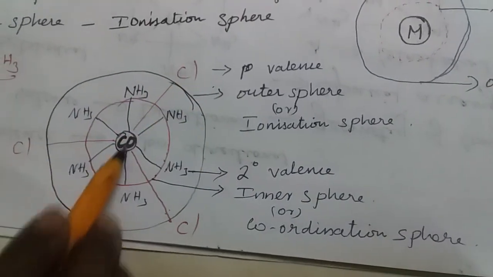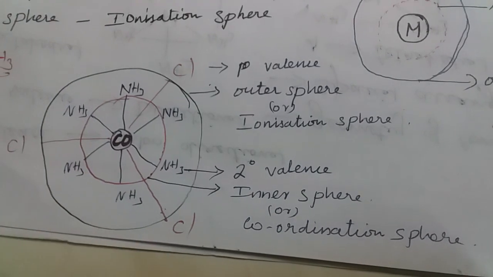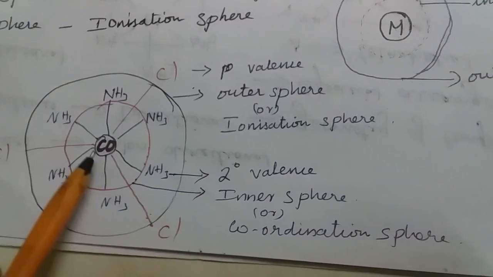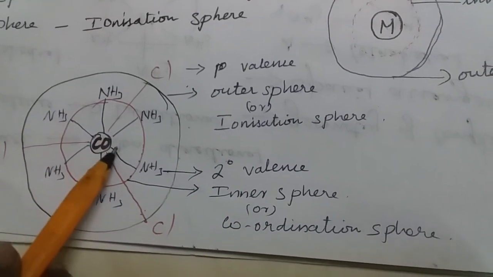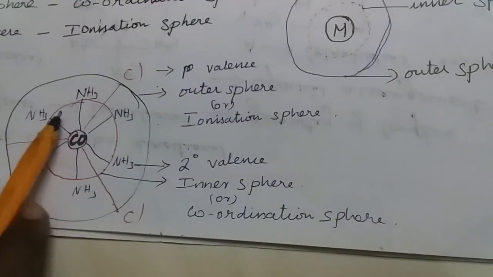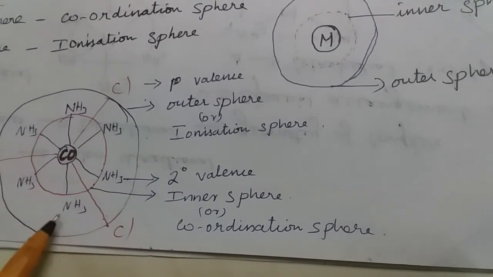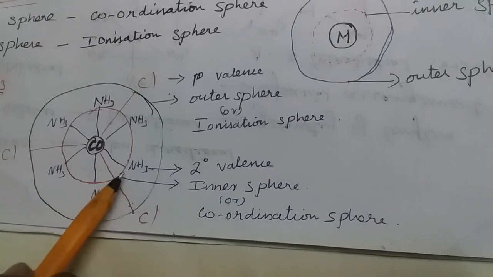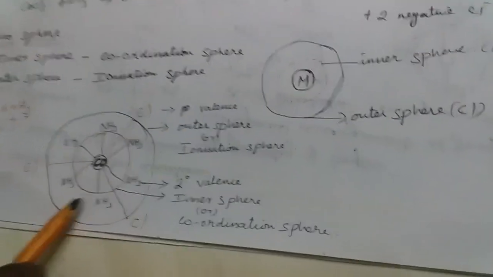It is easily removed from the metal because the distance is far. Next, the NH3 is the secondary valency, occupied in the inner sphere, otherwise called the coordination sphere. This is the complex form. We can't remove it easily from the metal. Okay, this is the 2 spheres.